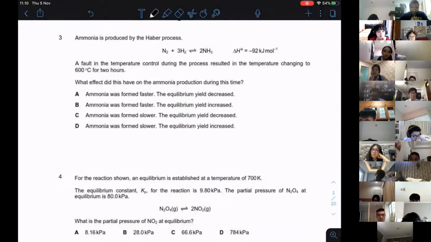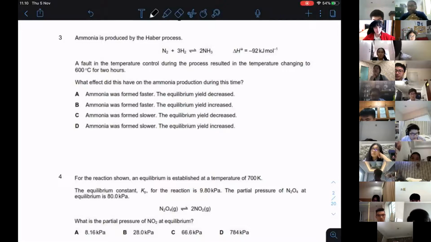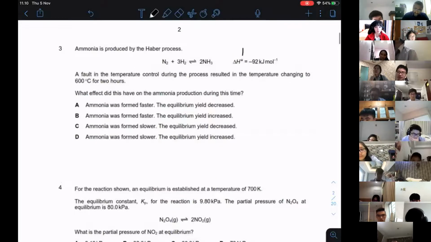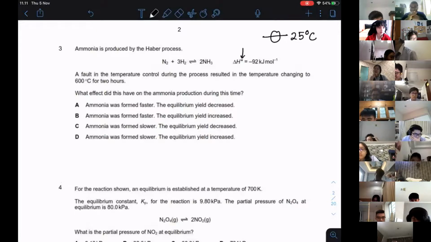A fault in temperature control resulted in the temperature changing to 600 degrees Celsius for 2 hours. What effect? Also, you will be asking, 600, what is going to be the initial temperature? Did they forget to write down the initial temperature? They didn't forget. You need to know that the moment you see this symbol over there, that means standard temperature and pressure, 25 degrees Celsius.